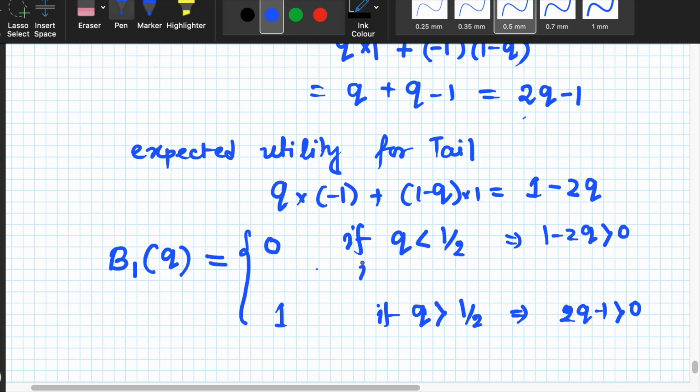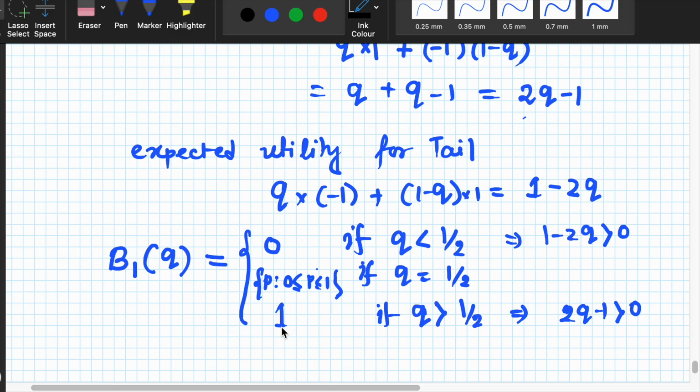Now one case remains, q equal to half. As we have seen, for q equal to half, playing any p between 0 and 1 is a best response. Why is it a best response?